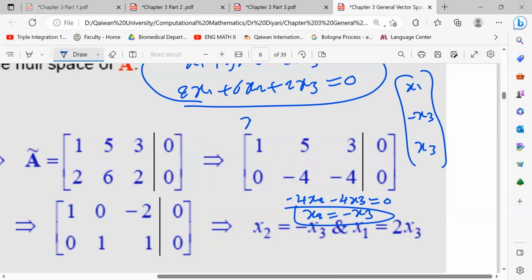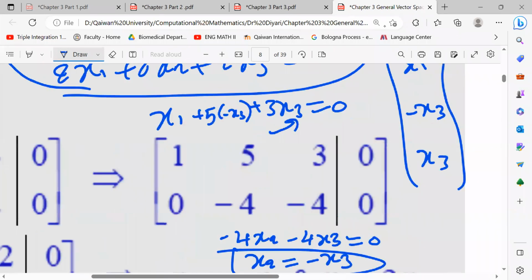Now, from here, we have x1 plus 5x2 plus 3x3 is equal to 0. We need to replace x2 by negative x3 because we already found that x2 is minus x3. What does it become?